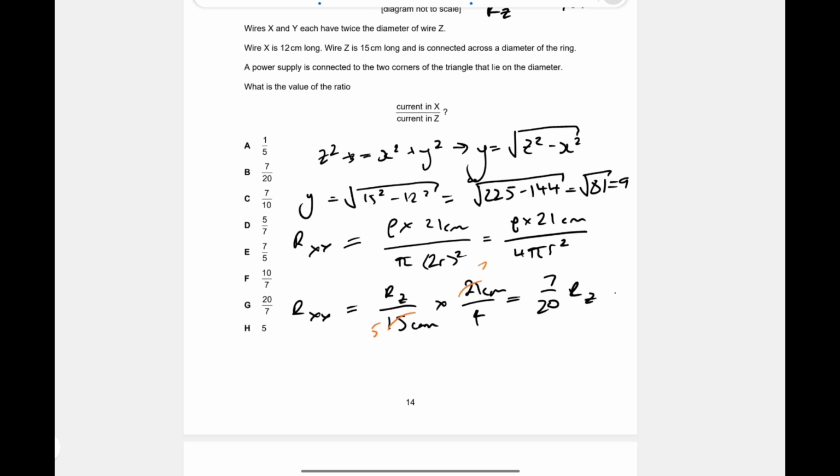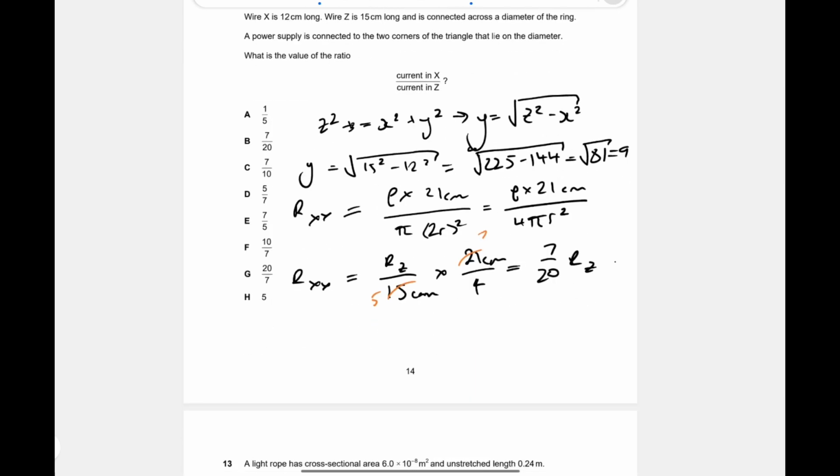And we want to find the ratio of the current in X to the current in Z. We know the voltage is going to be the same across both of them. So using Ohm's law, Ix Rxy equals Iz Rz. So Ix times 7/20 Rz is Iz Rz.